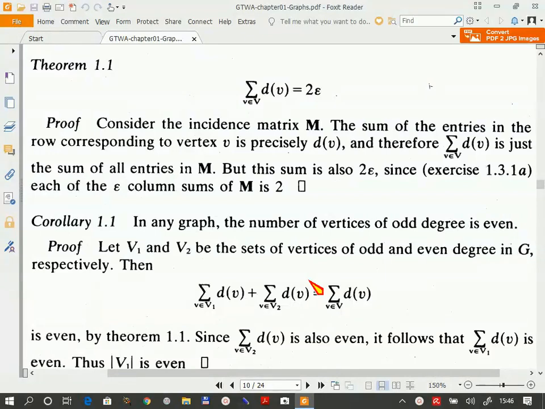Now, what happens here? Every addend in this sum is odd. And so, how will it be? I don't know. But if I take this number and sum it to this number, which is even, I get an even number. So this sum, is it even or odd? Even.